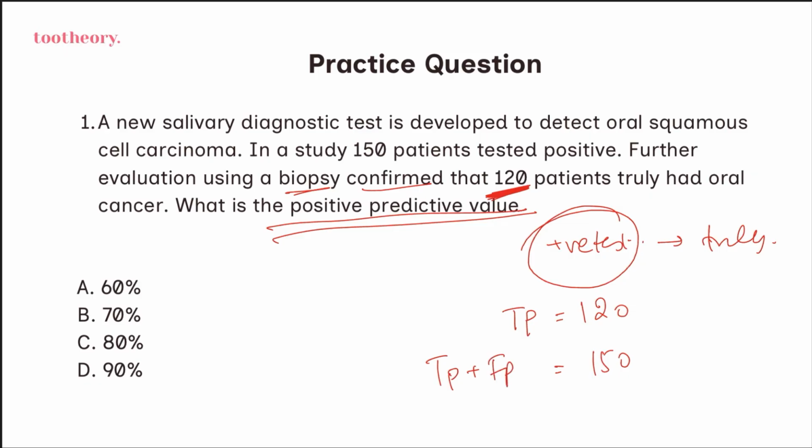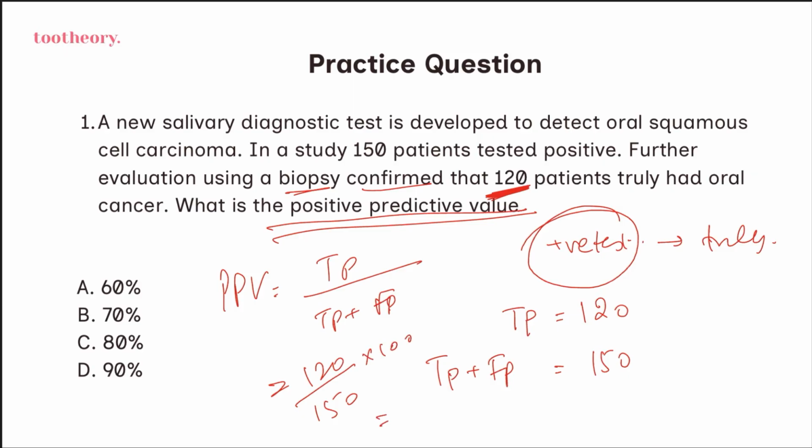All of these values are enough to tell us the positive predictive value, and if we plug this in the formula, we get 120 divided by 150, times 100, which is essentially 80%. So our answer is 80%.